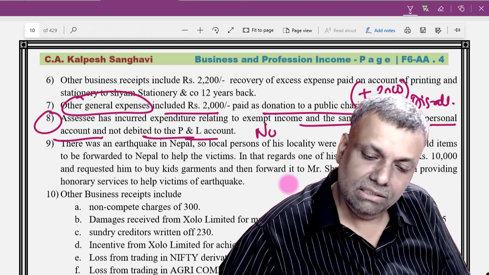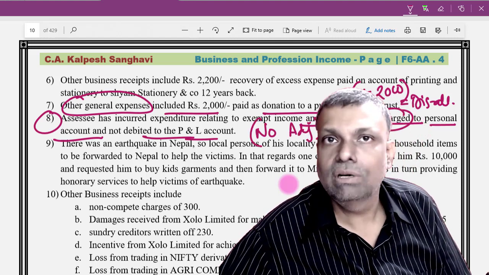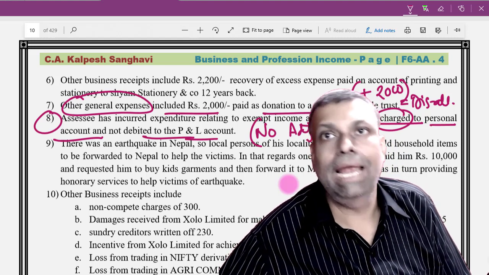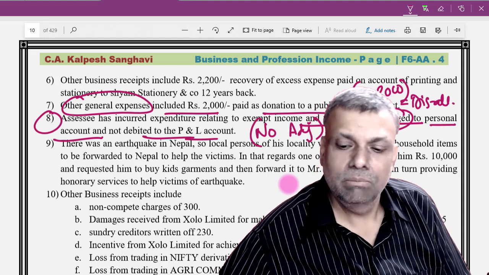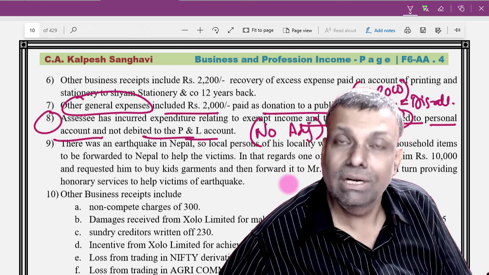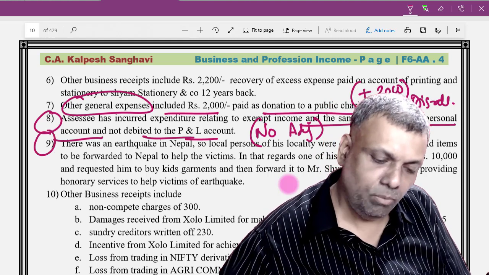That is the reason no adjustment is required. Had it been debited to the P&L, then I would say add, because this is not an allowable item. But this expenditure for earning exempt income is not debited at all, so no need for any adjustment whatsoever. Okay. Point number 9.